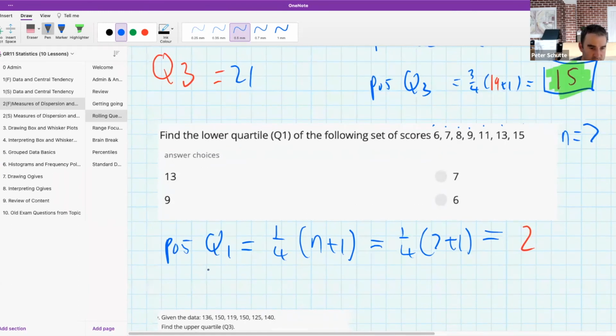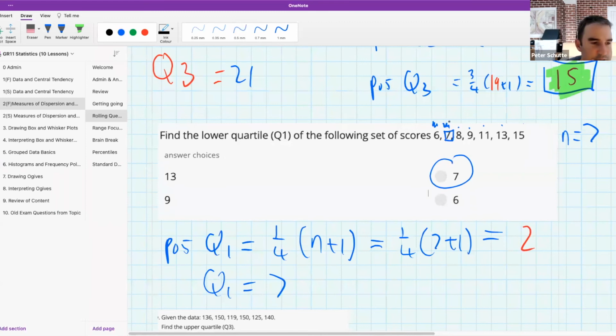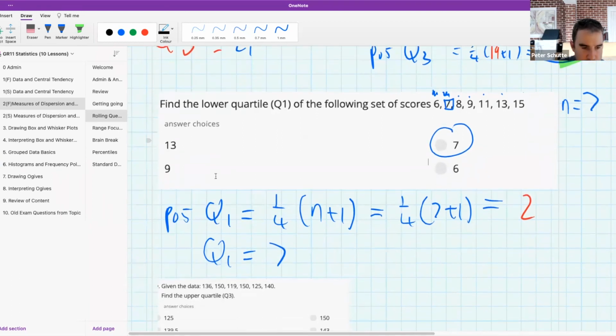What is the value of Q1 in position 2? That's position 1, that's position 2. The answer is going to be 7. In this very small data set, we know that 25% of the data is on or below 7. Cool, that was pretty good.